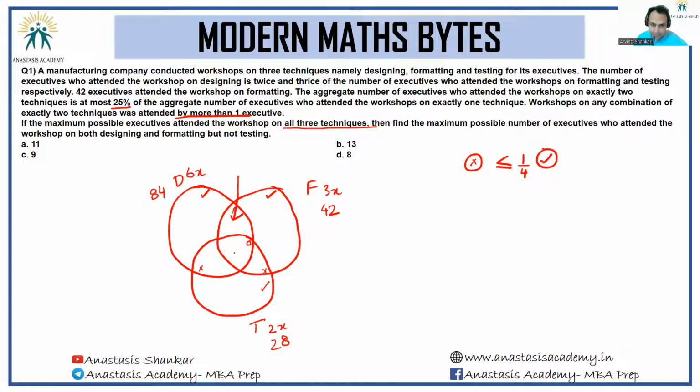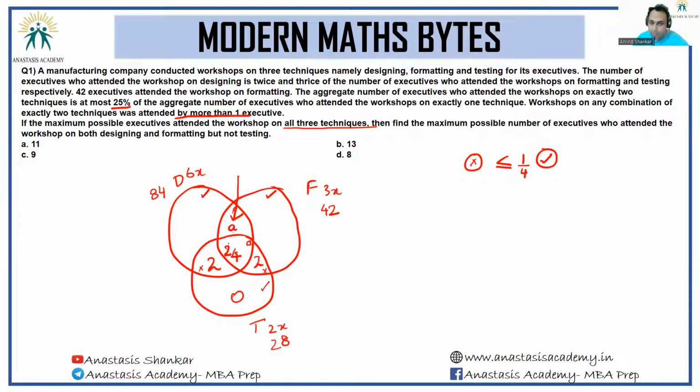Based on the conditions I know these crosses have to be at least 2. And then this overlap of all 3 regions has to be maximized. Out of these 3 sets, testing is the smallest set. So in order to maximize the overlap of all 3, the best case possible would be if this is 2, and this is 24, all 28 people recorded here, this is 0.